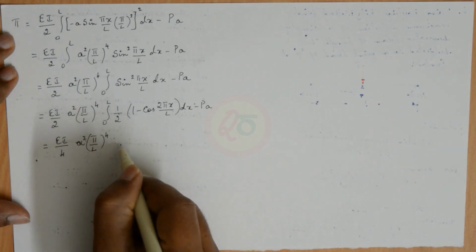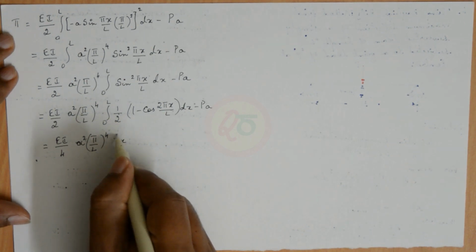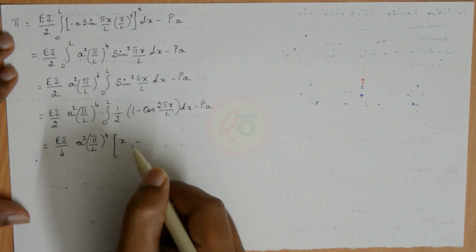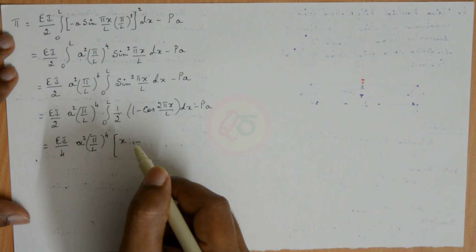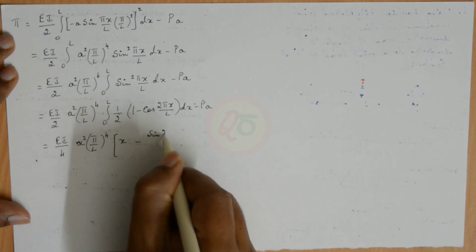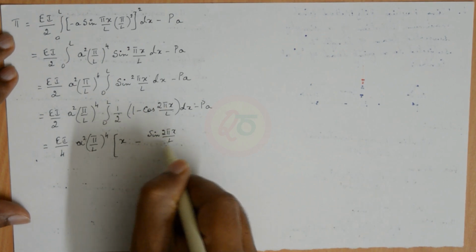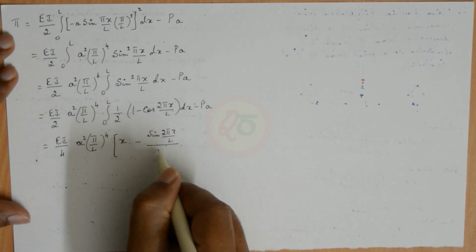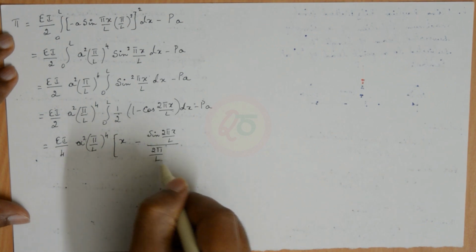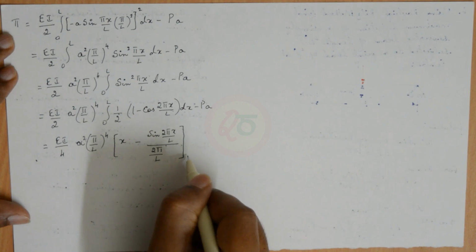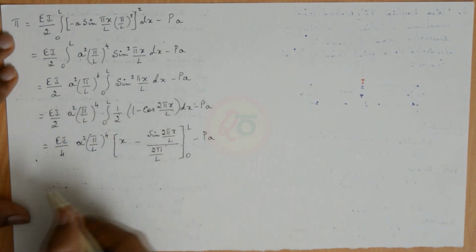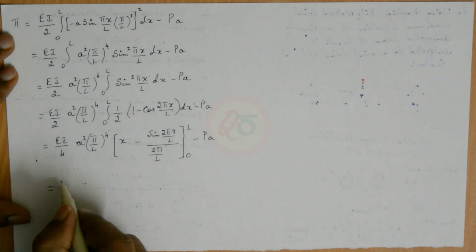There is no term present in the first part, so it will be x, minus the integral of cos 2 pi x by L, which is sine 2 pi x by L divided by 2 pi by L, with limits from 0 to L, minus P a.